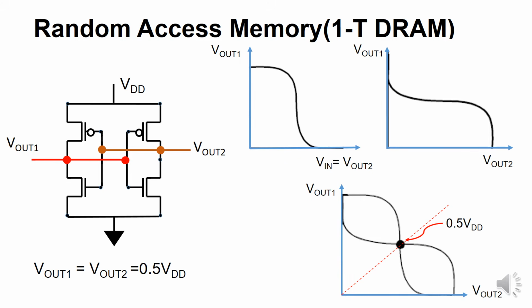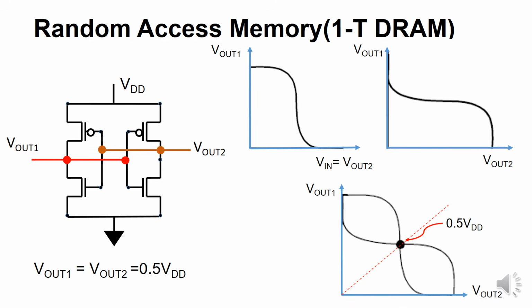Now let us assume that we increase Vout by 119 millivolt. So now we have Vout equal to 2.61 volt. As Vout1 increases, Vout2 will decrease.